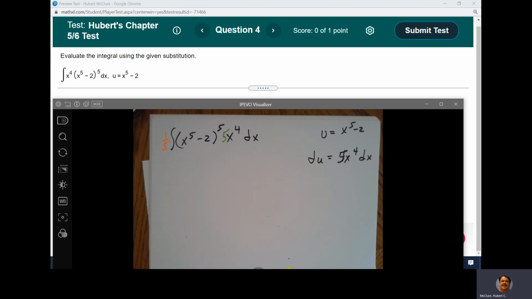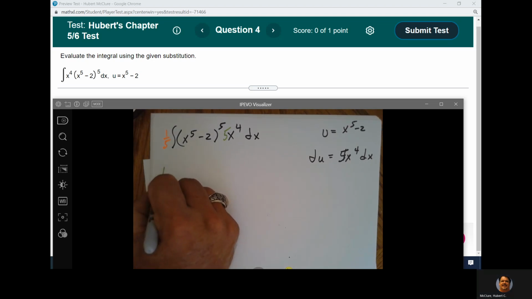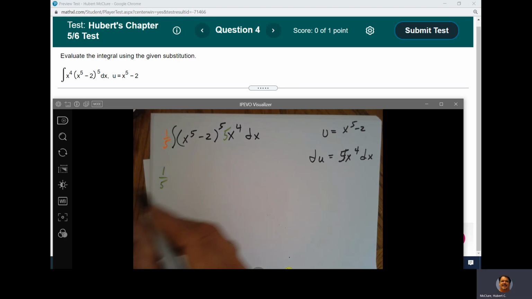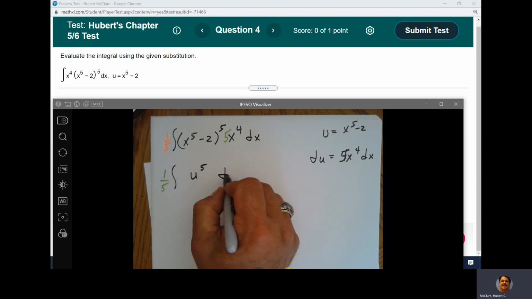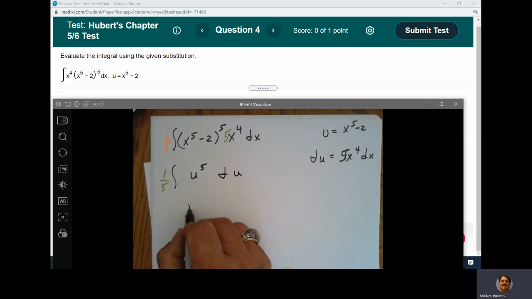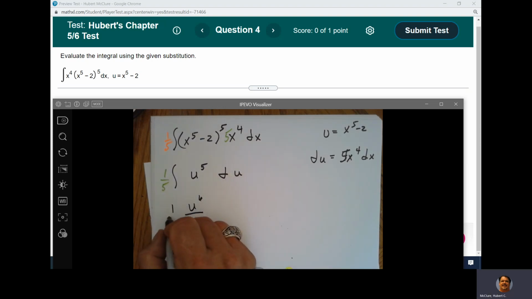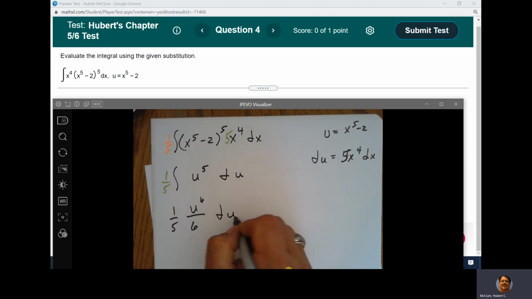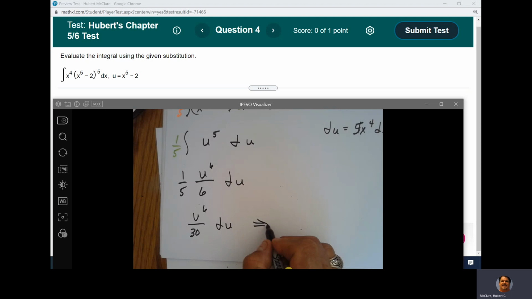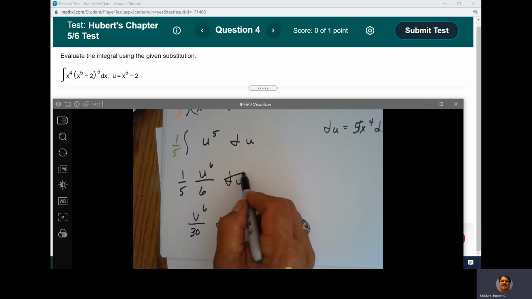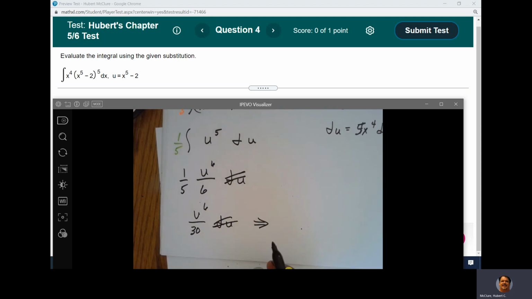So now I've got 1/5 antiderivative of u to the 5th du, which is u to the 6th over 6 times 1/5. And that's going to be u to the 6th over 30. Sorry, you don't need the du after you take the antiderivative.